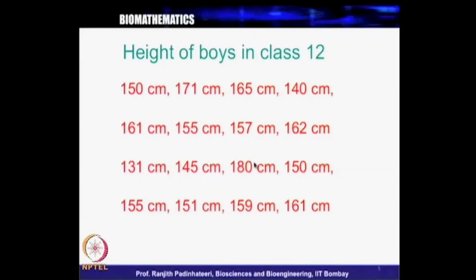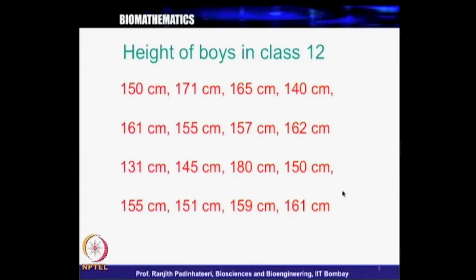This is just 180. There is nothing bigger than 180. As you see here, there is one person at 180 centimeters, and one person at 131 centimeters, a very short person, and a very tall person, and others somewhere in between. So you have a large number of such numbers. This is not ending here, this is just a continuous list.